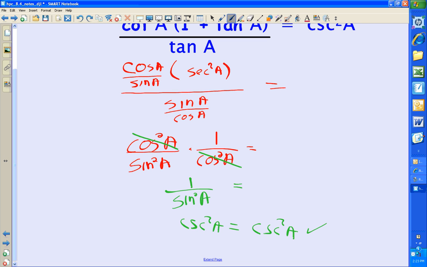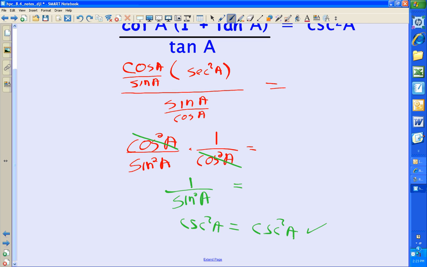So I changed secant to 1 over cos squared. At the same time, I multiplied by the reciprocal. You got cos squared over sine squared. Again, you can show more steps in here, but this is the most direct route. It's predicated on your ability to multiply, divide, add, and subtract fractions. Obviously, the identities play a part, but the inability to manipulate the fractions is the killer.